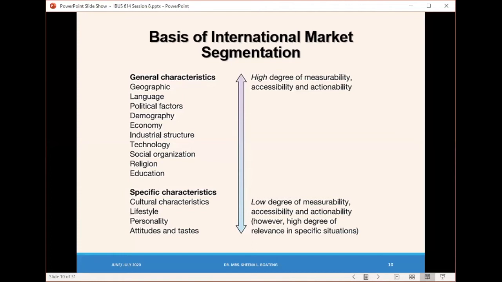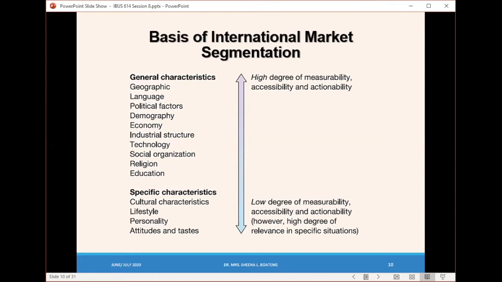However, you realize that the market leaders, like the MTNs of our time, usually go in for the specific characteristics using more complex segmentation criteria like the psychographics and the demographics. Here they are talking about issues of culture, lifestyle, personality, attitudes, and tastes. These are usually characteristics that are not very overt.